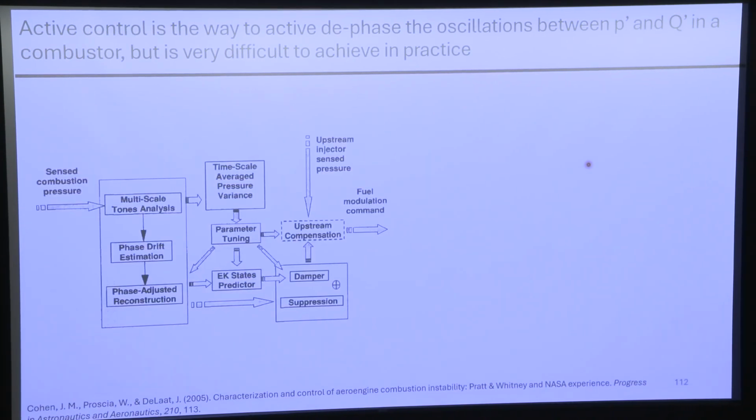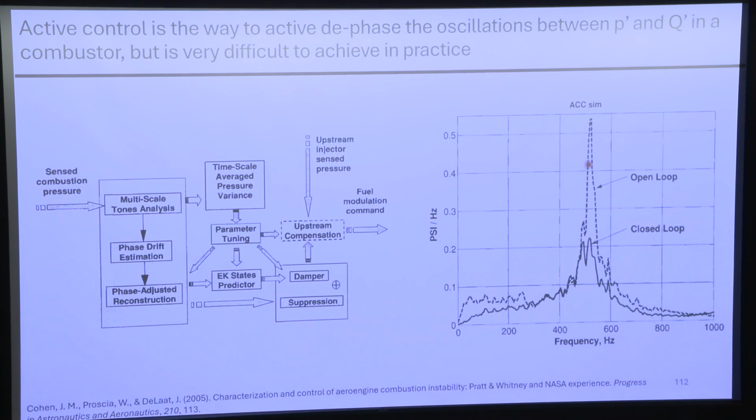They tried a bunch of different control algorithms to dephase P prime and Q prime by basically changing Q prime by feeding the fuel at a different phase. It did work. So this is open loop actuation where you just pick a phase. But if you actually have a nice model-based control feedback, then you can actually suppress the instability pretty well, which is great.